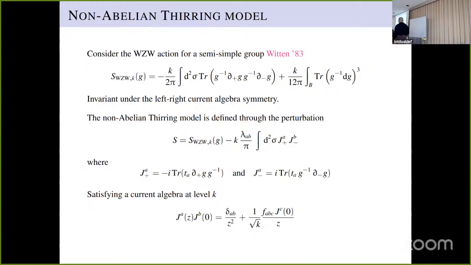The J plus and J minus are given in terms of a pullback version of the Maurer-Cartan forms on the worldsheet, and they satisfy, after analytic continuation, this current algebra at level k.